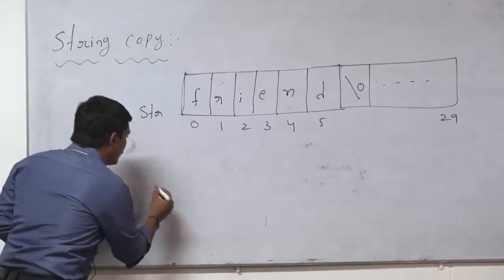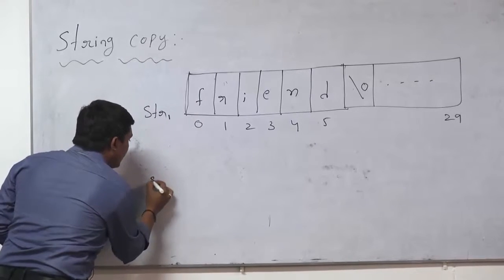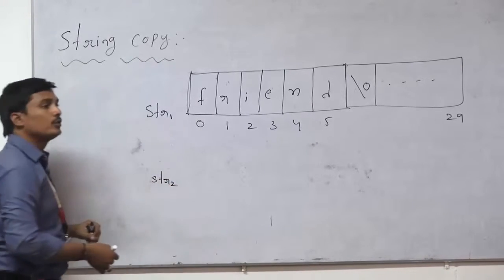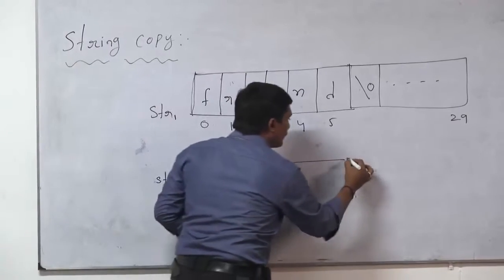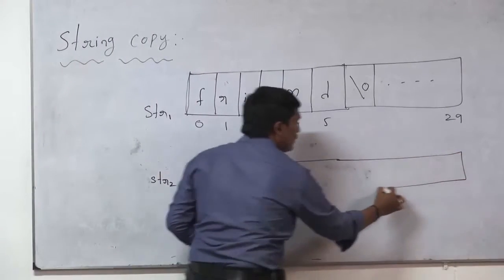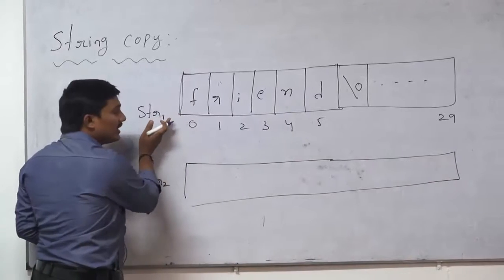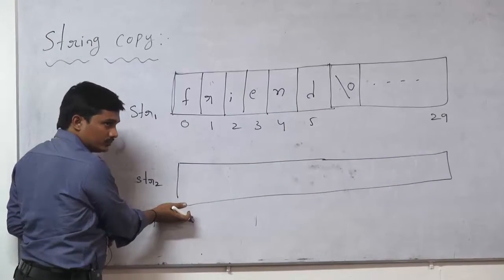Now your job is to copy this input into another string. Let's take this one as str1 and this as str2. Your job is to write a C program to copy string 1 into string 2.